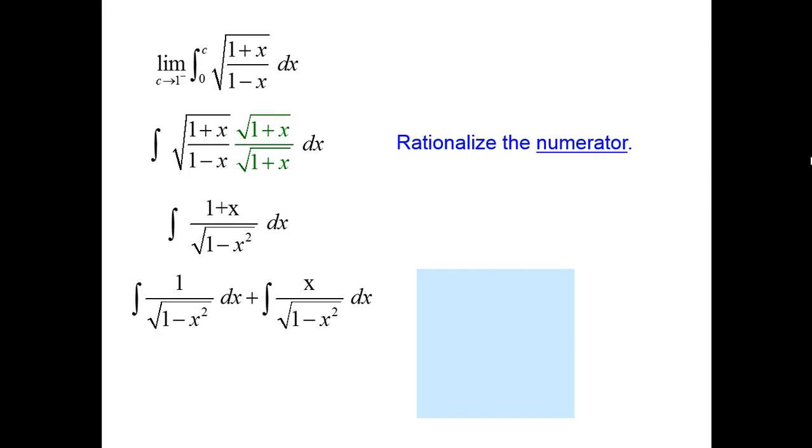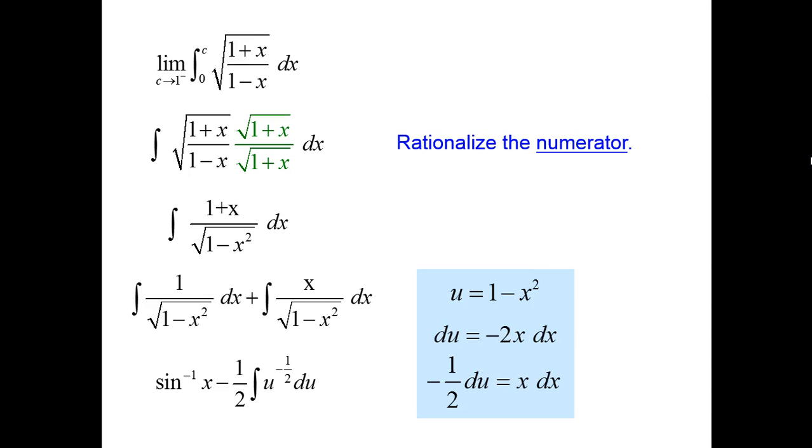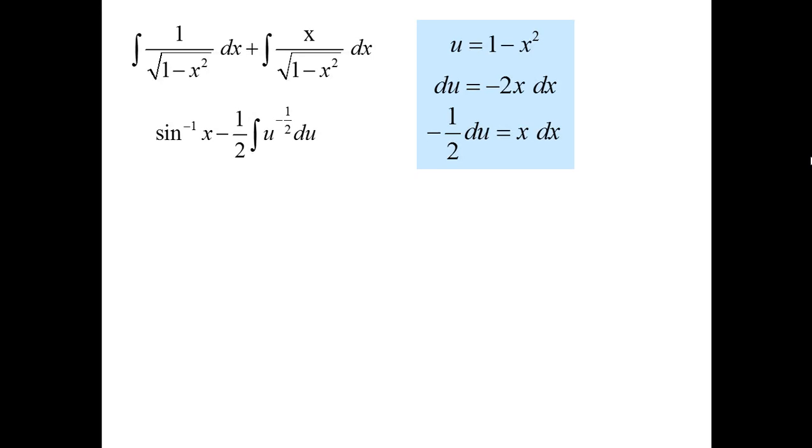The first one you'll see is an arc sine, but the second one requires a u substitution. So when we find that antiderivative in terms of u, go back and change it to in terms of x.